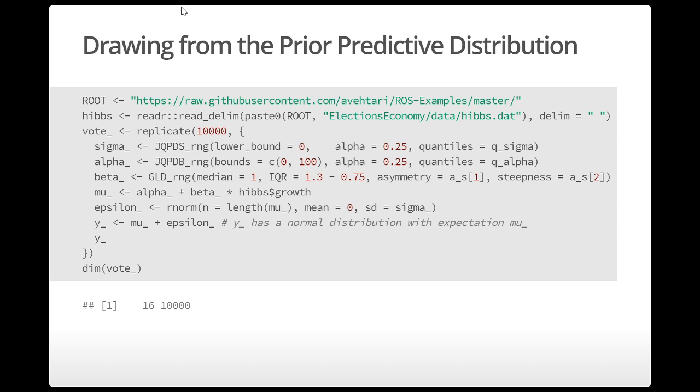Sum those together, and we get our prior predictive realization of y. So this normal distribution that we're going to use for the likelihood refers to the conditional distribution of y given mu. In other words, it refers to the distribution of the error, not to the marginal distribution of the outcome, the conditional distribution. Anyway, that's 16 by 10,000.